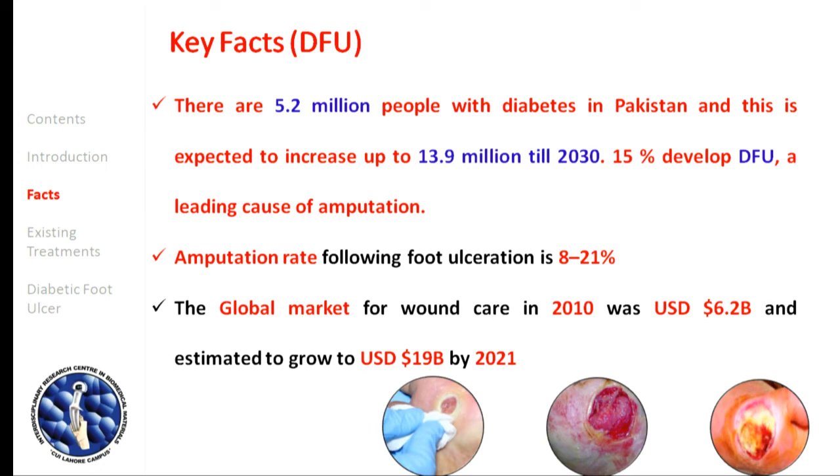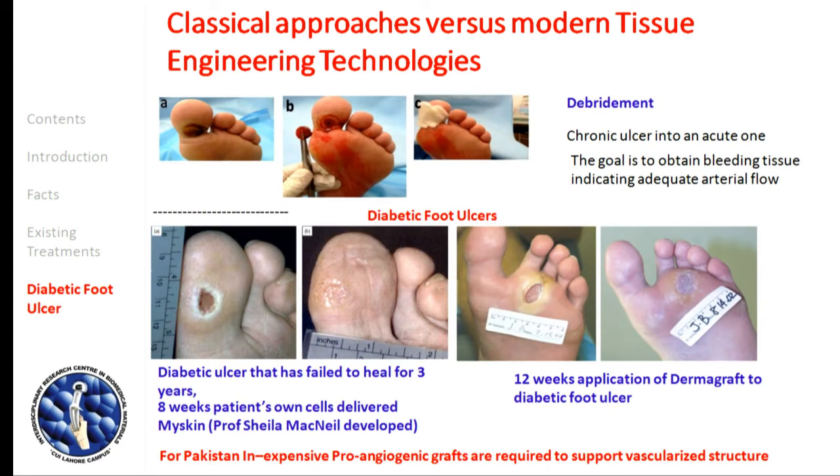It's very sad. Even in the UK, last year there was a report that, UK being a developed country, amputation rates are 15 amputations per day. So there is a huge demand for these grafts, which can be used to heal these non-healing wounds.